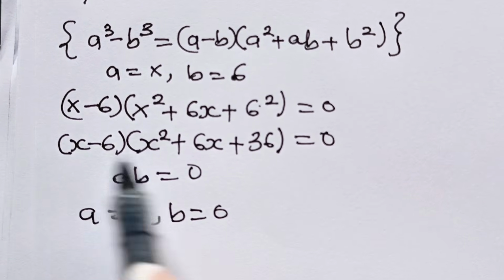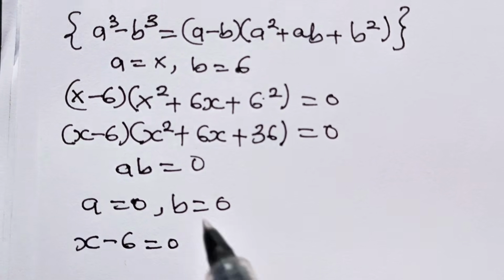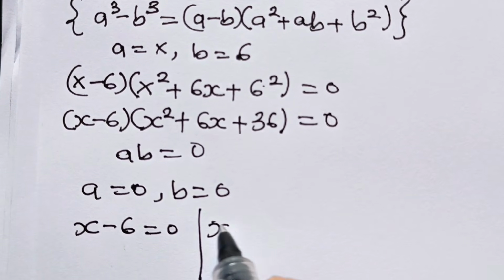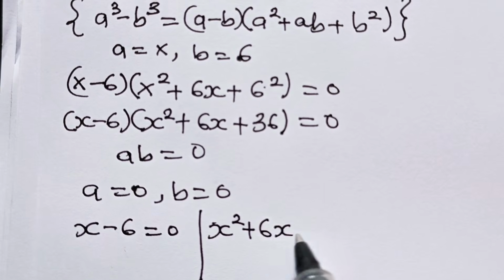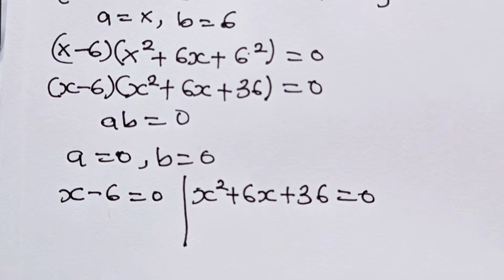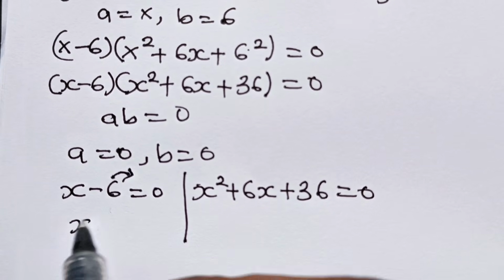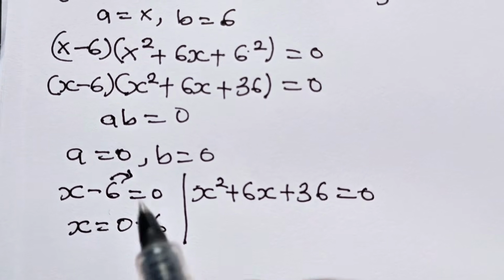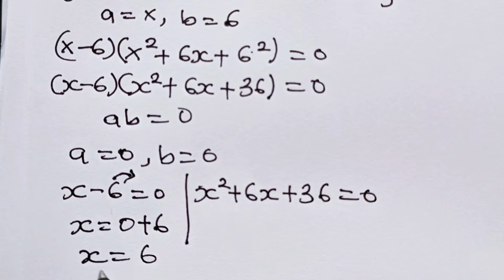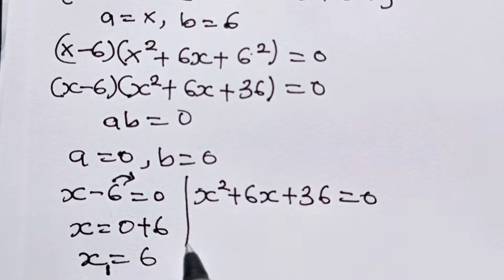Now, that means this can be written as x minus 6 is equal to 0 or x squared plus 6x plus 36 is equal to 0. So if we transfer this to this side, we have x is equal to 0 plus 6, and we have x is equal to 6. This is the first value of our x.